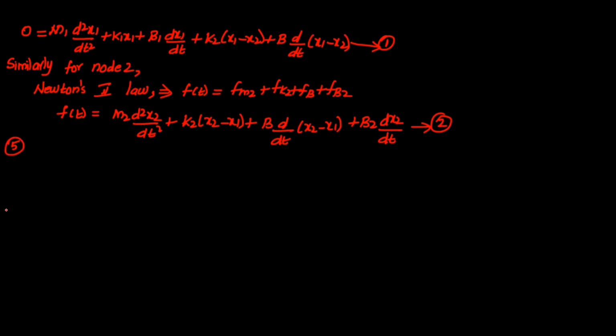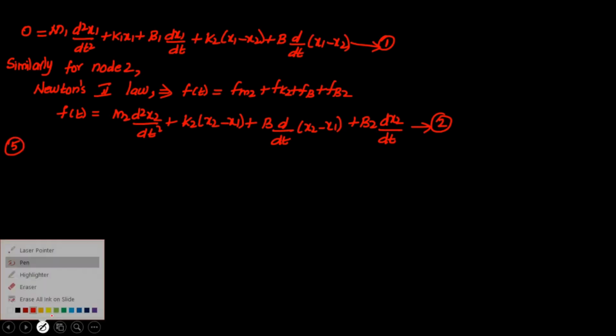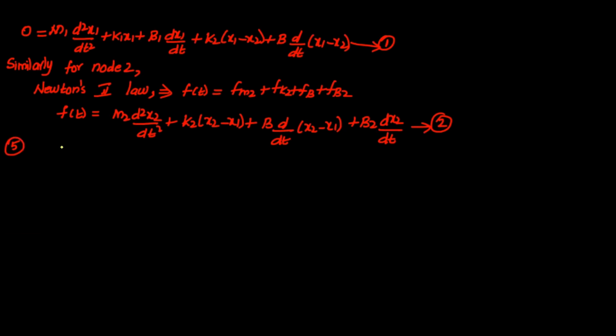So next is step 5. So what is step 5? Step 5 is taking Laplace transform. So taking Laplace transform for expression 1, what is the Laplace transform? 0 is equal to m1 into, what is d square x1 by dt square? That is s square into x1 of s.